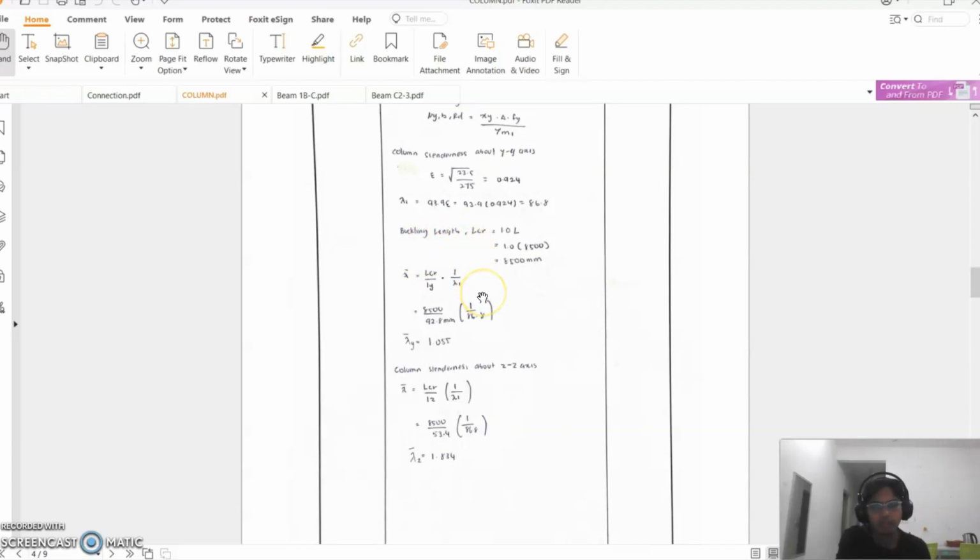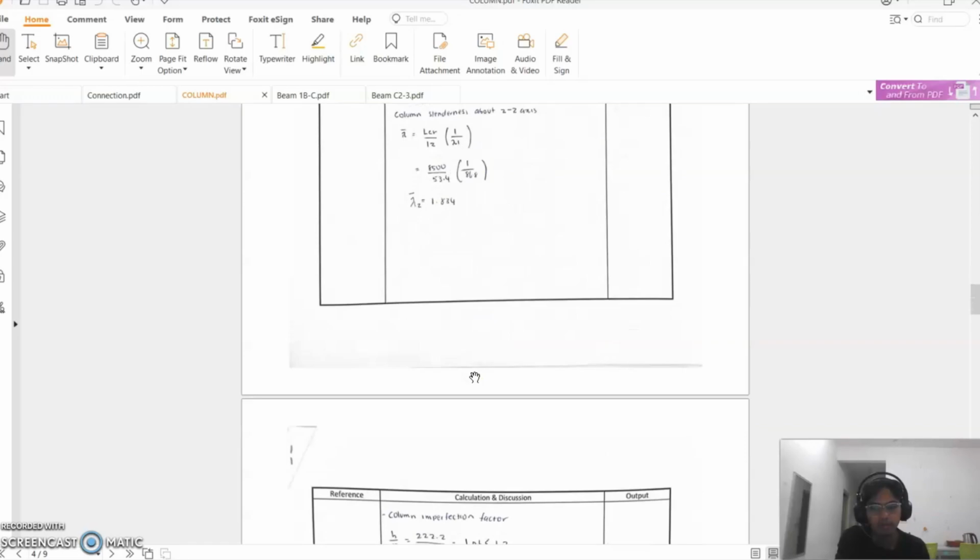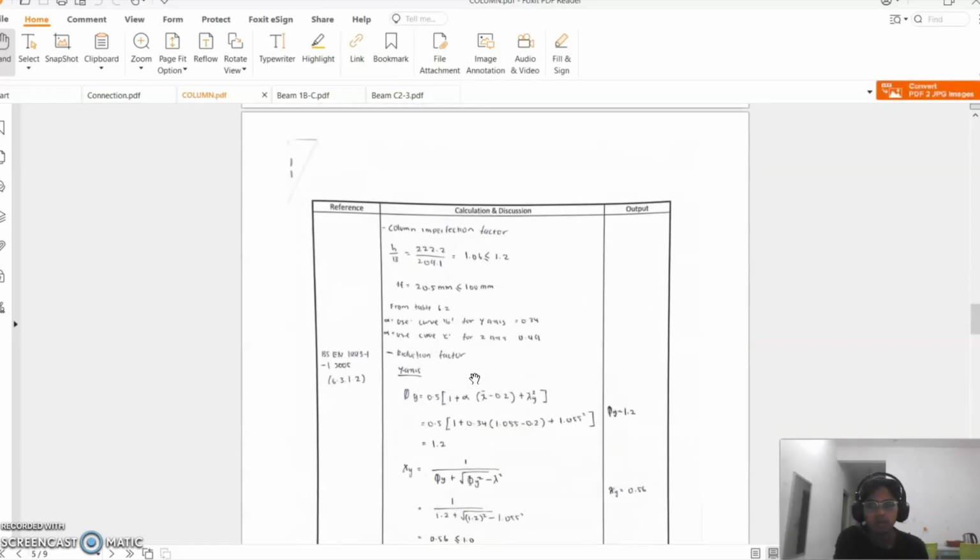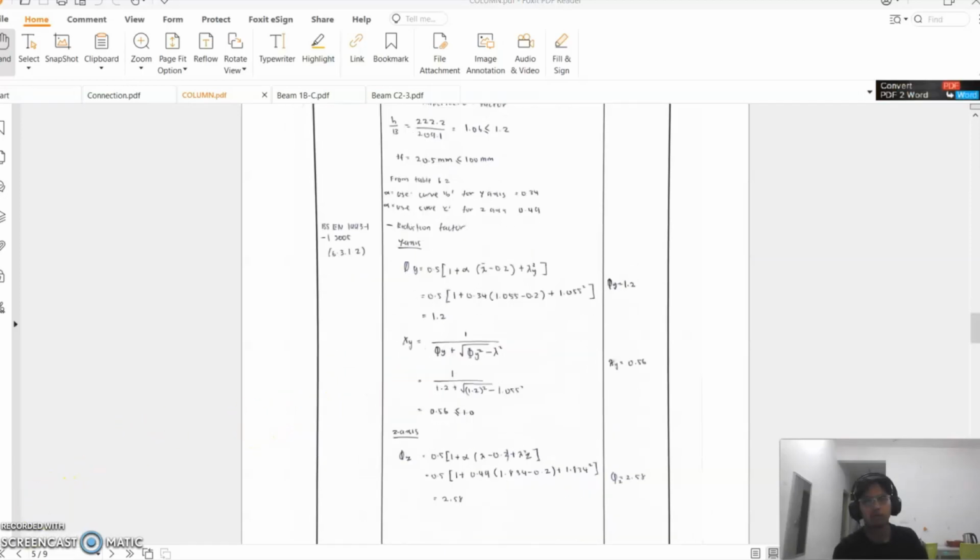For the column slenderness, Z axis, the value is 1.834, and the imperfection factor from Table 6.2 in the standard, for curve B, Y axis is 0.34, and for curve Z axis is 0.49.